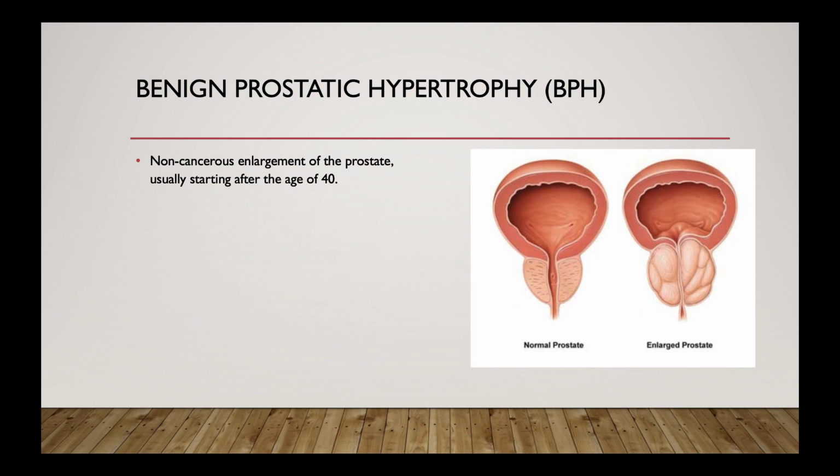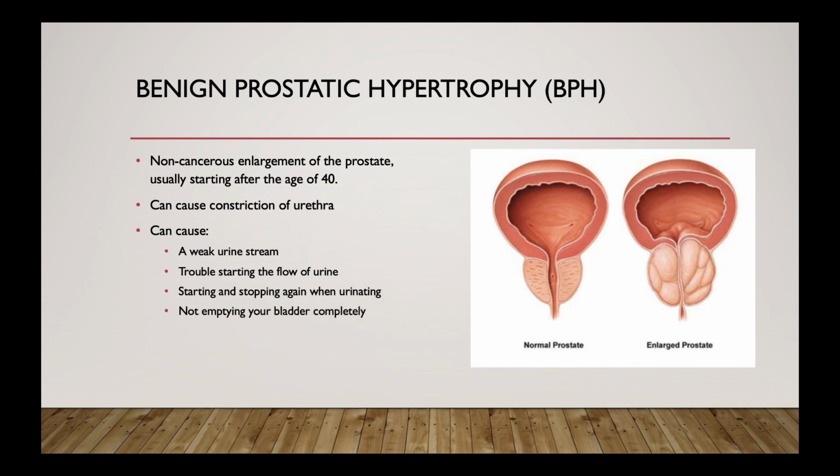It can become cancerous, but a lot of times it's not, and that's why it's called benign prostatic hypertrophy. It's not benign in the fact that it does end up causing a lot of problems, but it's not cancerous for the most part. And it can cause constriction of the urethra, as you can see on the right, causing a whole bunch of problems as far as trying to get the urine out of the bladder, backing up into the kidneys.